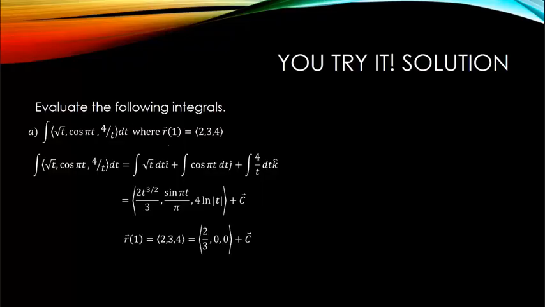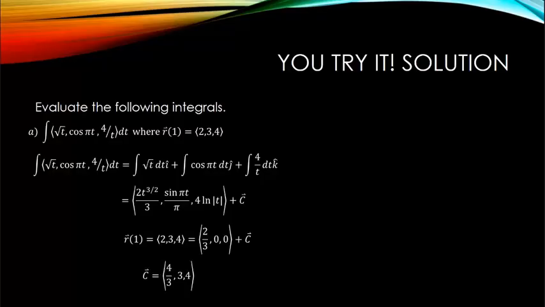But I have the condition that my vector evaluated at 1 gives me the components 2, 3, 4. I can set this up to solve for my arbitrary constant vector. The vector components 2, 3, 4 will be equal to the vector components 2/3, 0, 0 plus the vector c.